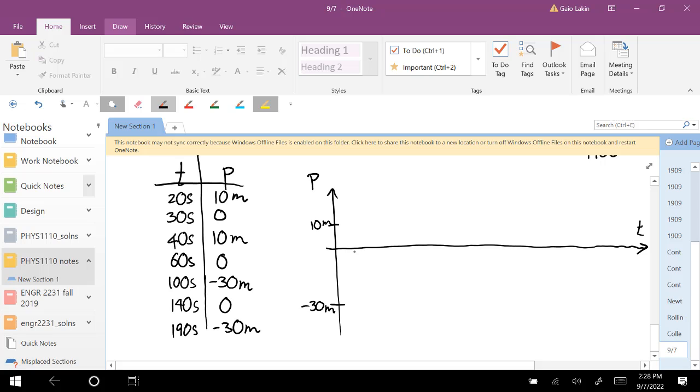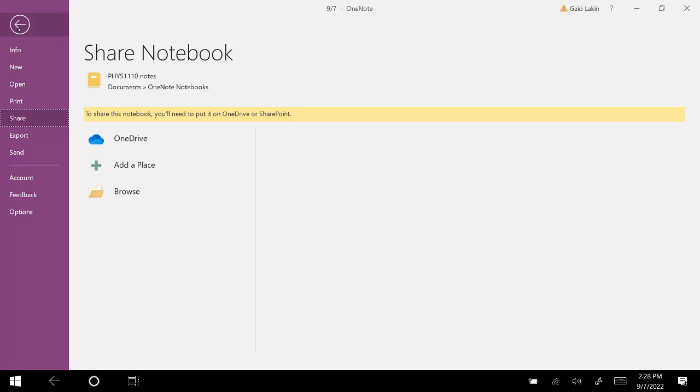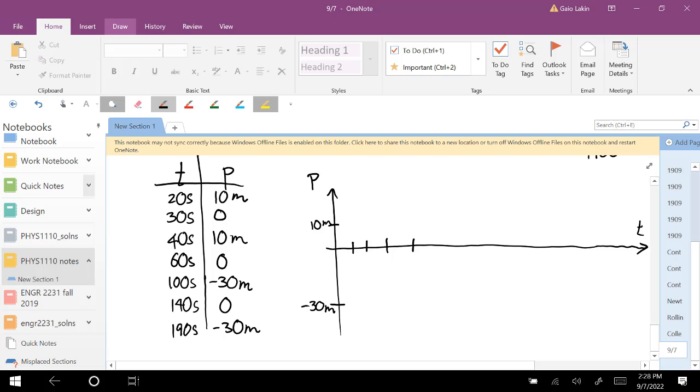And for time, we're going to have 20, 30, 40, 60, 100, 140, 190.